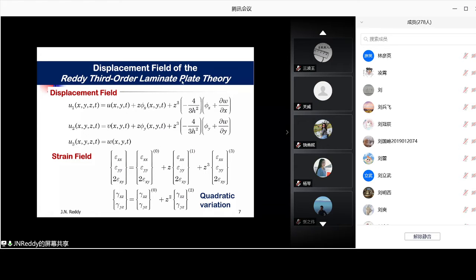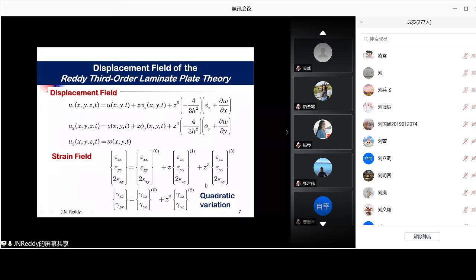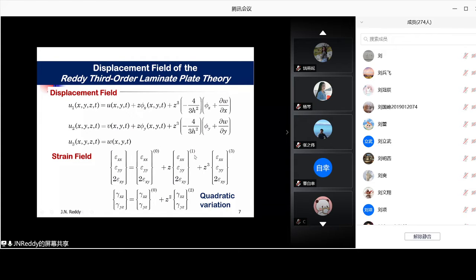So now we take this displacement field and compute the strains. Of course, you can have nonlinear strains if you want, but the general picture that I'm showing here is that the in-plane strains will be cubic all the way. It will have the extensional strains, then first order bending strains and third order bending strains.